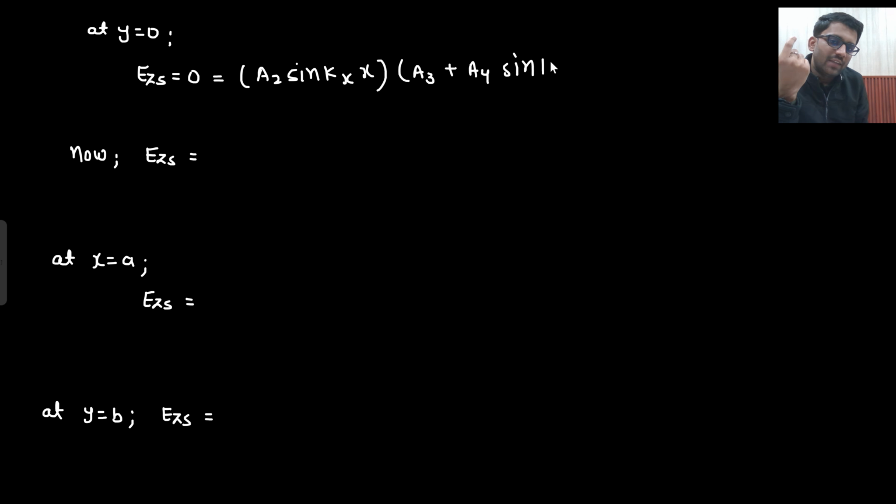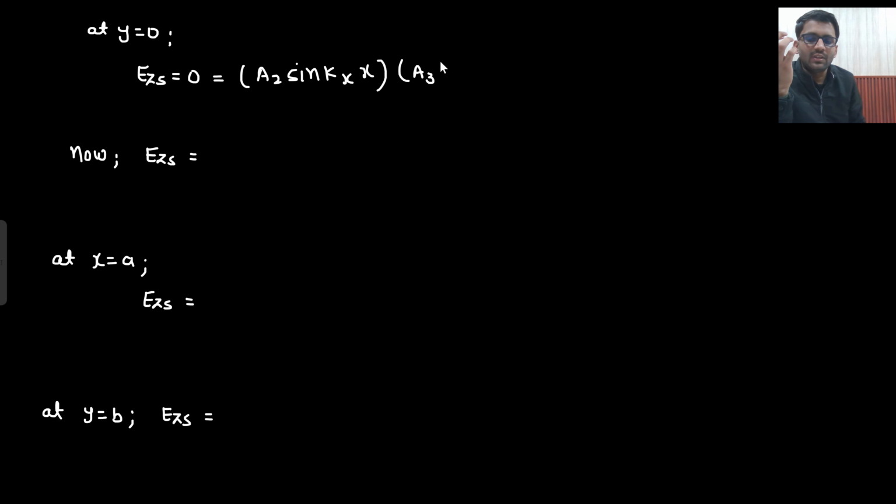I am only writing A2 sin kx x, plus A3 cos ky y. So I am putting y equals to 0 here. So cos 0 is 1. So it is left with A3 plus A4 sin ky y. So sin 0 is 0. So A4 into 0 is 0 only. So this complete term is gone.